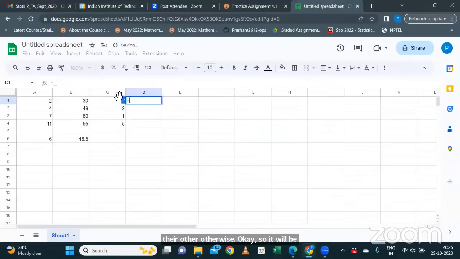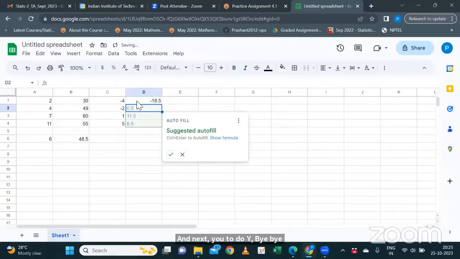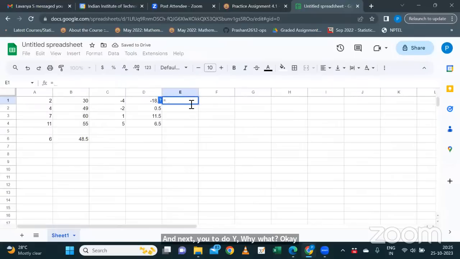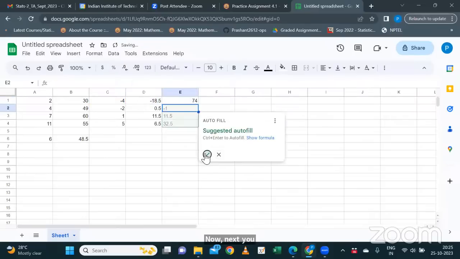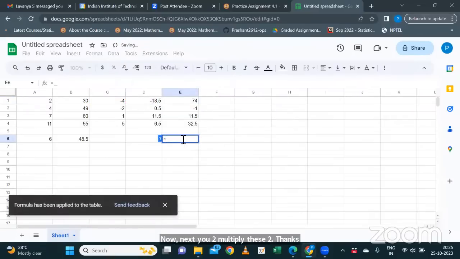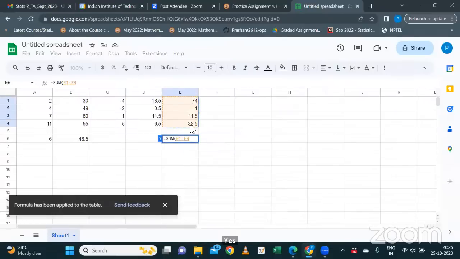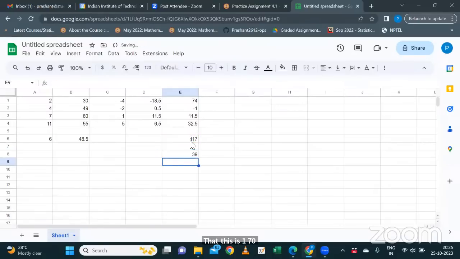And next, you have to do yi minus y bar. Now, next, you have to multiply these two, xi minus x bar into yi minus y bar, right? Then you have to add. Then I divide by 3. This is 117. 117 divided by 3 is 39.